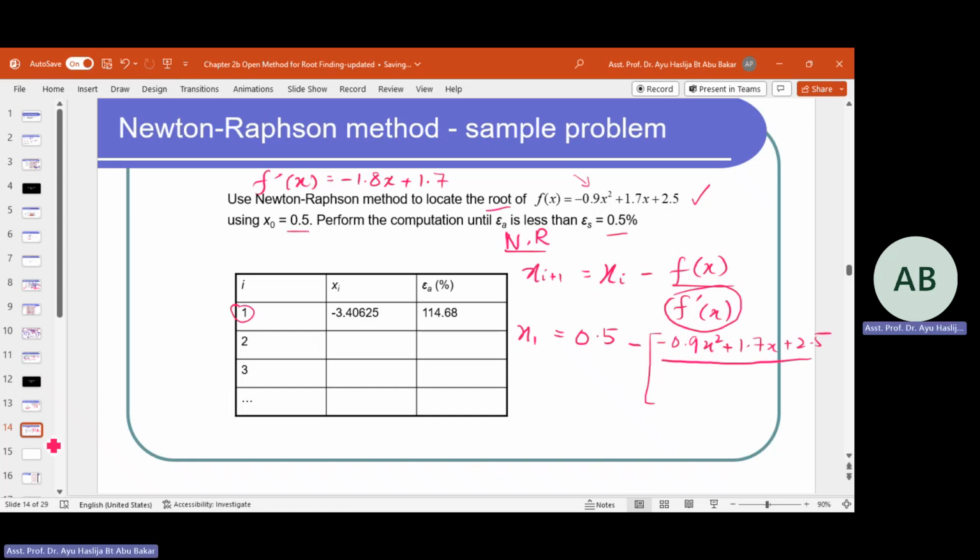Okay, you do the differentiation of this function, then substitute into the calculation the differentiation function. Substitute the x over here. Then you will get your x1, this value.